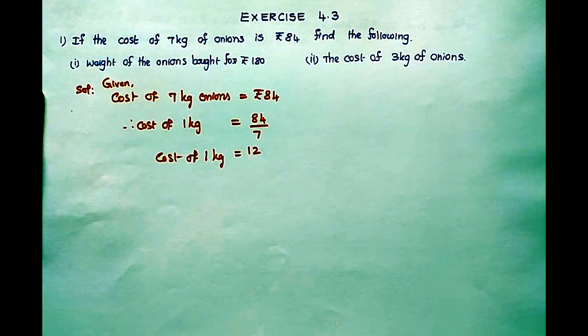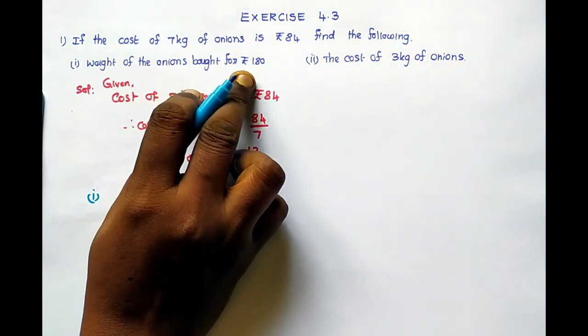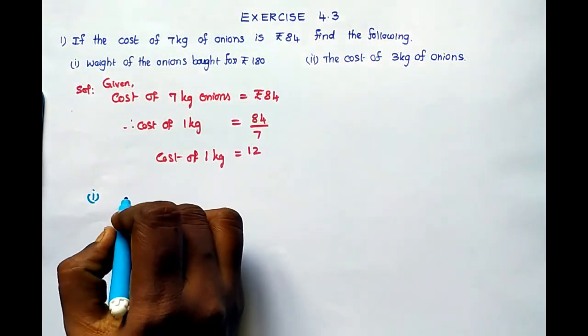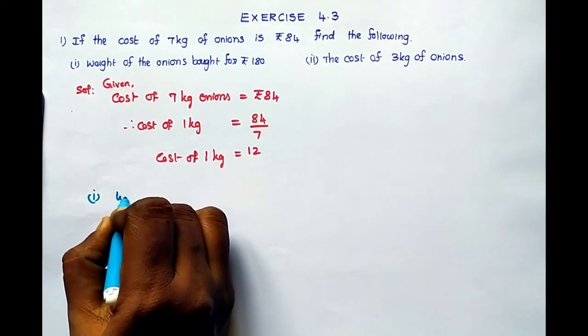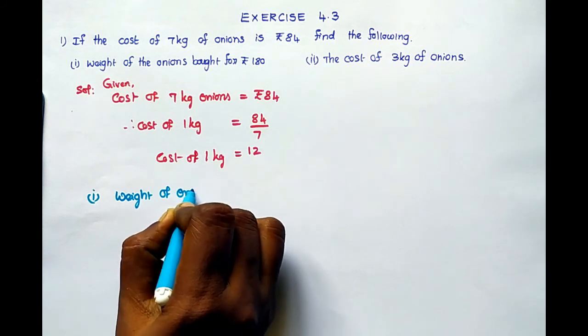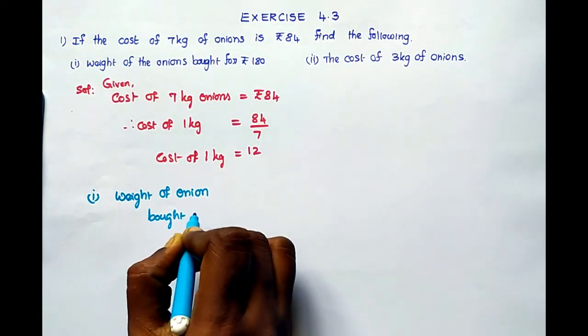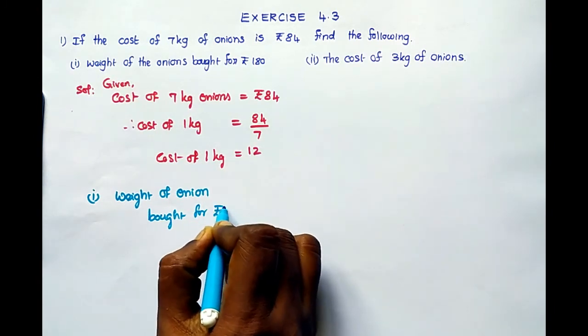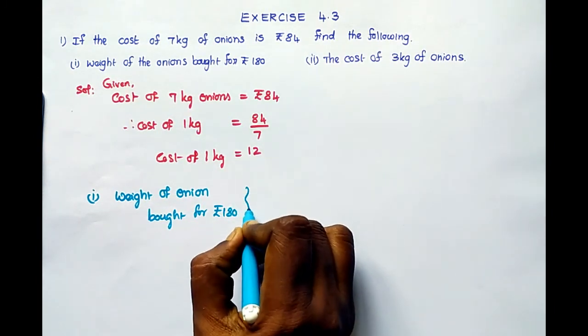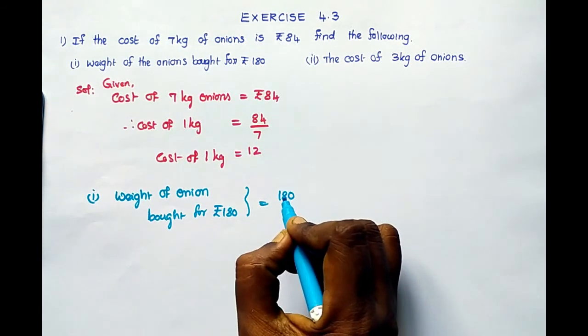Now first question. Weight of onions bought for rupees 180. That is, 1 kg equals 12 rupees.